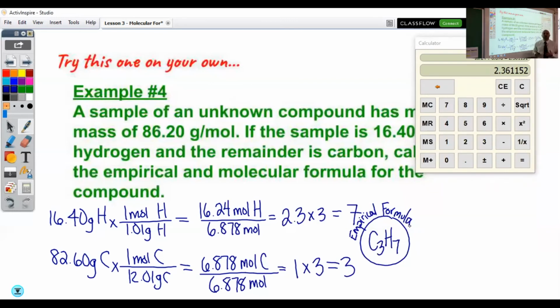The next part would be for us to go ahead and calculate the mass of this empirical formula. So carbon, we have 3 of them. That's 12.01 times 3, 36.03 grams per mole. Hydrogen, we have 7 of them.